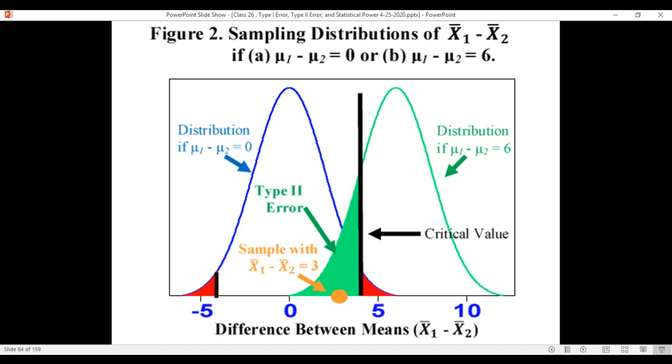If the researcher gets this difference between the sample means of 3, will the researcher conclude that it is statistically significant?